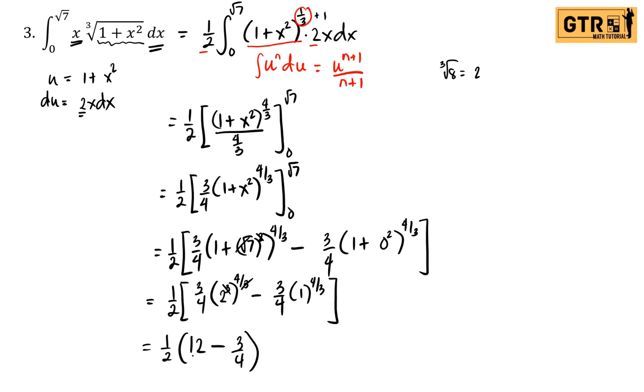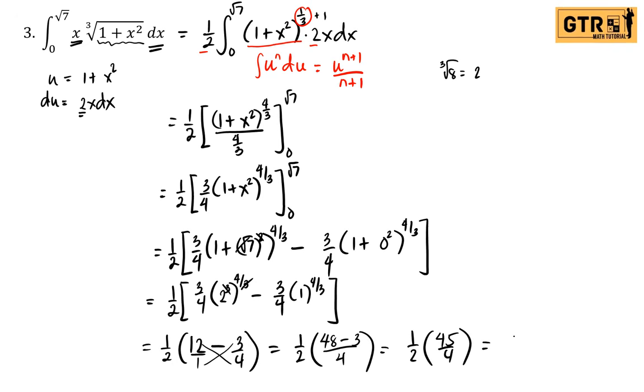Simplify this. We can use the butterfly method, with 12 as 12 over 1. So this will be equal to 1/2 times, cross multiplying, 12 times 4 is 48, minus 1 times 3, which is 3, over 1 times 4, which is 4. Simplifying, we have 1/2 times 48 minus 3, which is 45 over 4.